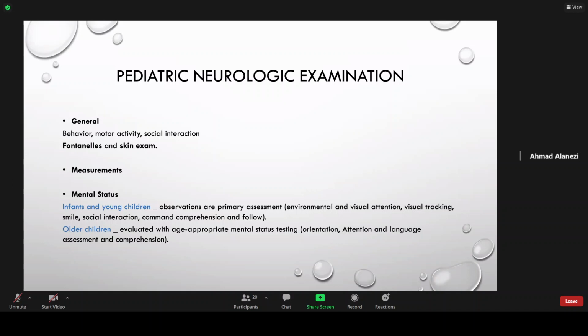So when we assess the language, it is either receptive or expressive. Comprehension is understanding what the word means, understanding what is being said. Yes, so this is one of the language assessments. Receptive is by comprehension.